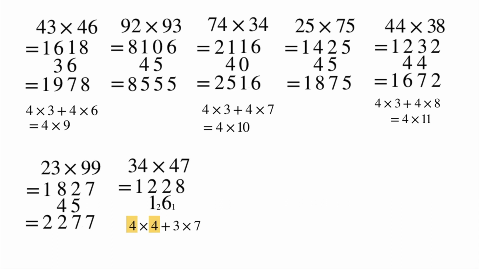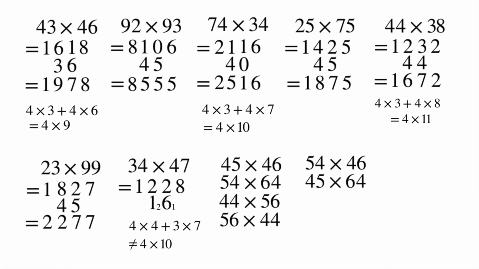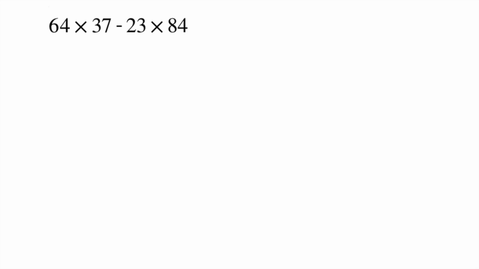Not 4 times 10. It works when common tens place or a ones place or a twins. Not for a common in nor a common out. Move on to mixed calculation.